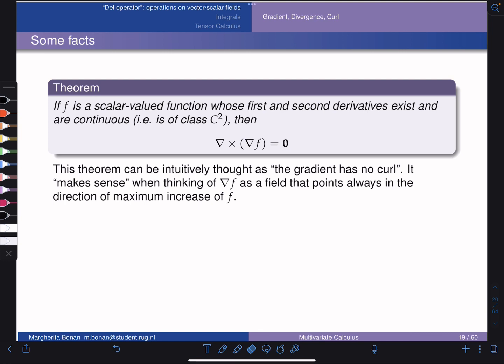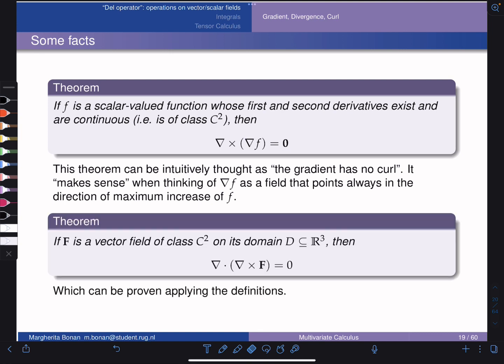Another theorem is that if f is a vector field of class C2 on its domain D, that is a subset of the 3D space, then the divergence of the curl is always 0. This can be proven applying the definitions of divergence and curl.